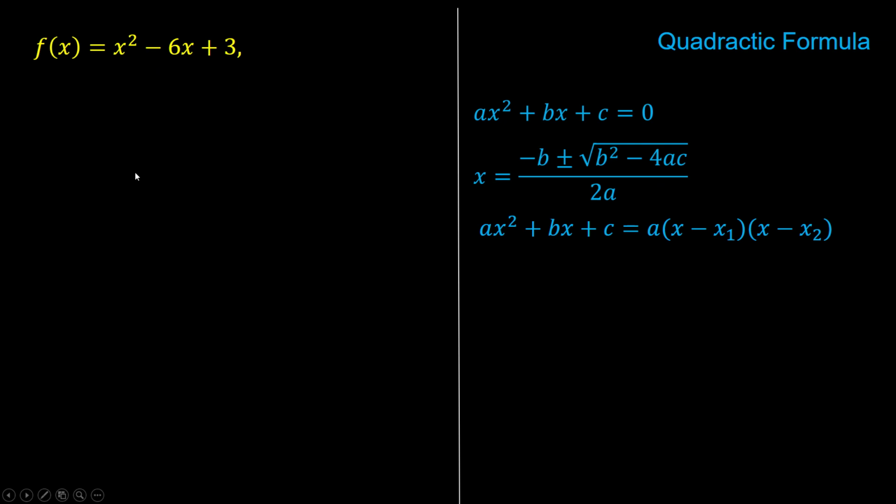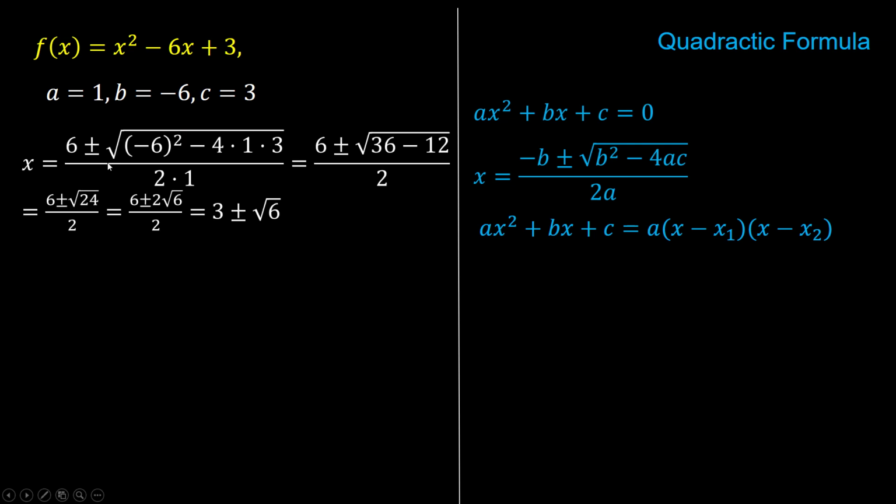First thing you want to do is to find out its roots. Okay? So apply the formula. a is 1, b is minus 6, c is 3. By the formula, the roots are negative b, so negative 6, that's plus 6, plus or minus the square root of b squared minus 4ac, over 2 times a, so 2 times 1.